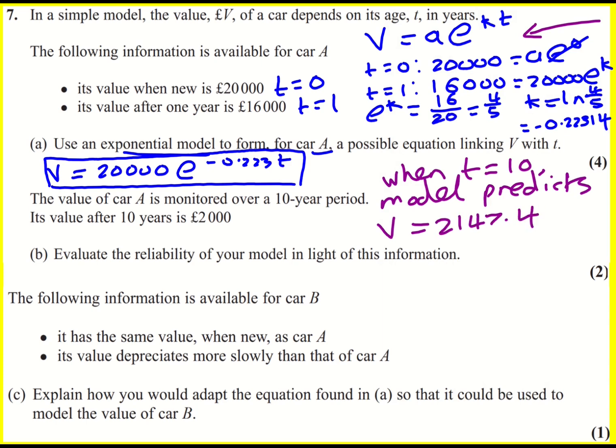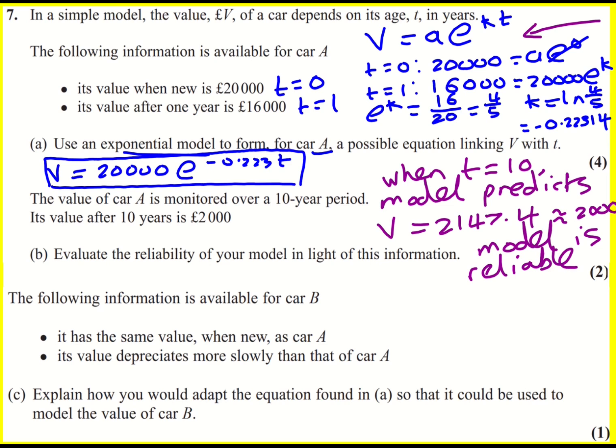And it's a little bit out. It's a bit under 10%, a bit more than 5%, but it's pretty close. This is about 2000. When you do it on a model, you can't expect it to be perfect. There's going to be some flaws. We're expecting this 20% decrease every year. So I think we can say the model is reliable over the 10-year period, that is.